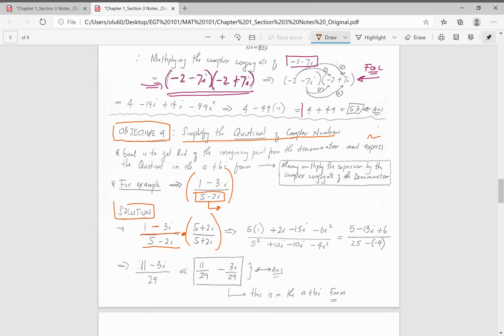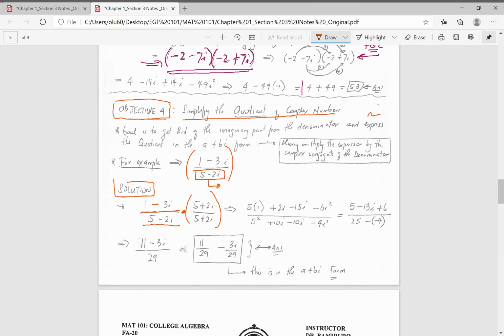When you do that, you can perform the FOIL operation again. So 1 times 5 is 5, and 1 times 2i is 2i, and then negative 3i times 5 gives us negative 15i. Negative 3i times the positive 2i gives us negative 6i squared. Likewise you do the same for the denominator as well.